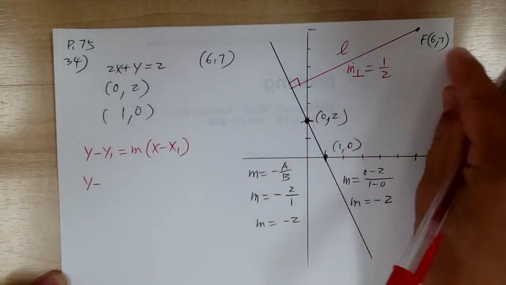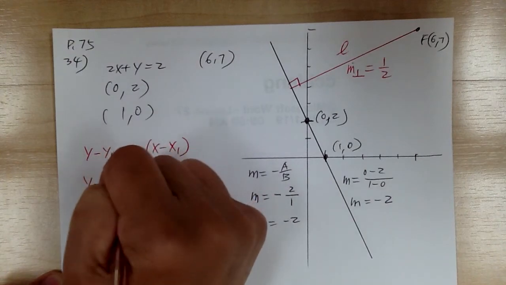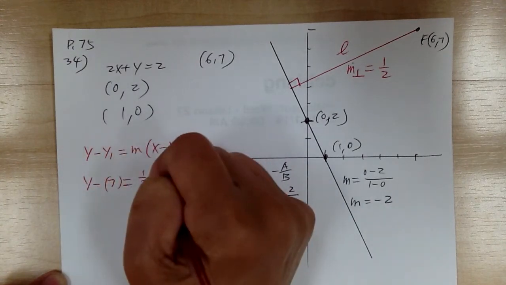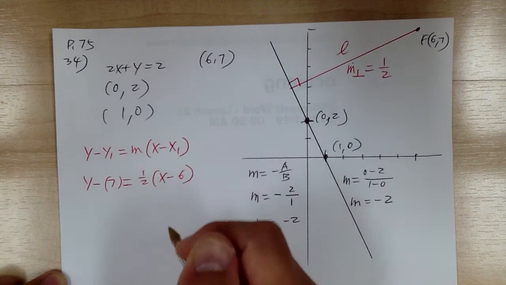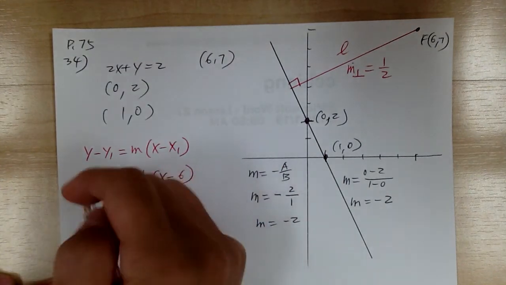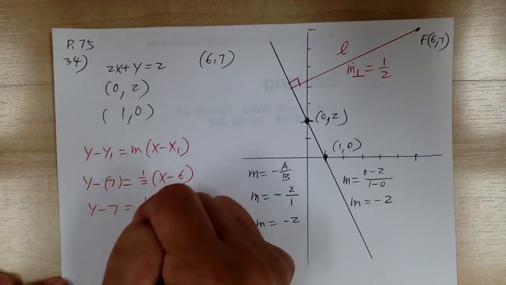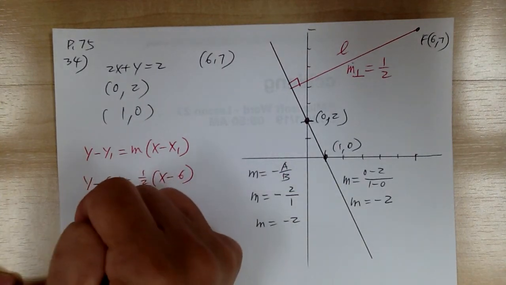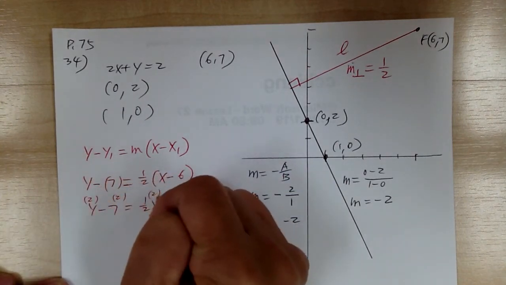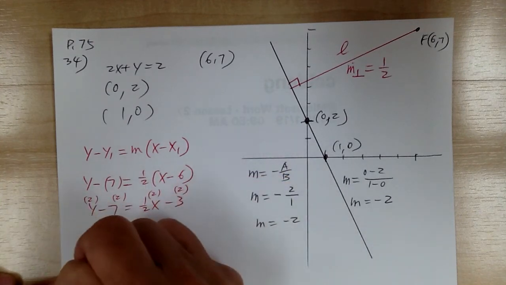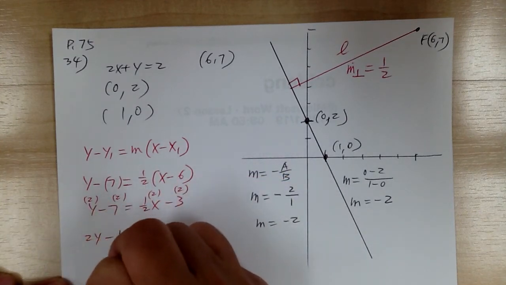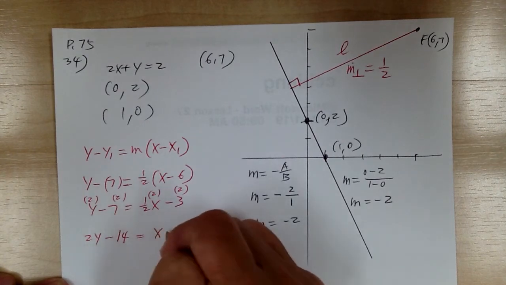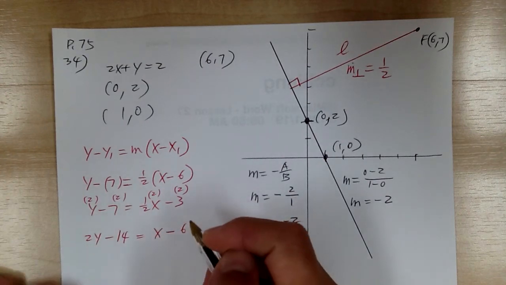You get y minus 7 equals 1/2 times x minus 6. Okay, so go and work it out. So you get y minus 7 equals 1/2 x minus 3. And multiply everything by 2 to get rid of the fraction. So you get 2y minus 14 equals x minus 6.